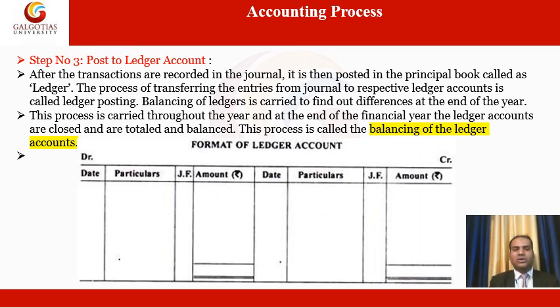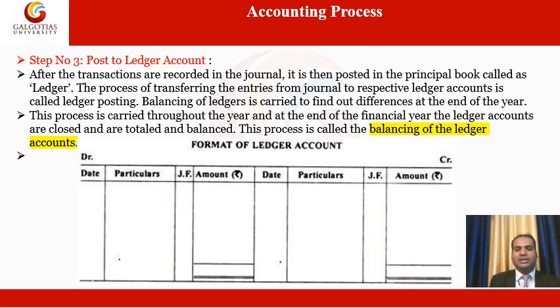Now I'm going to discuss the third step, that is, post to the ledger account. Guys, after the transactions are recorded in the journal, they are then posted in the principal book called the ledger. The process of transferring the entries from journal to the respective ledger accounts is called ledger posting.